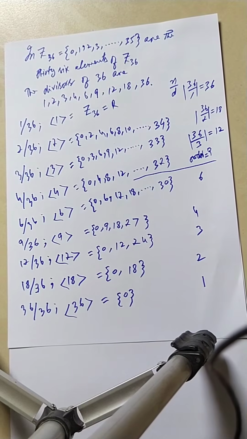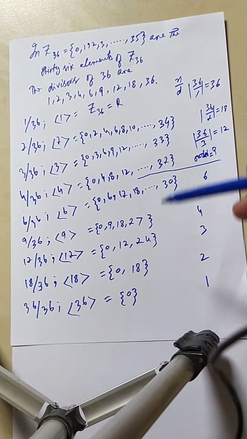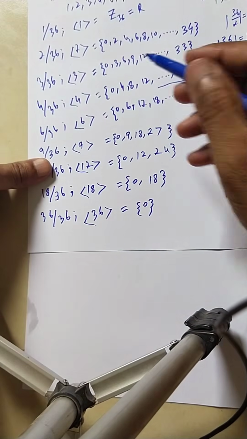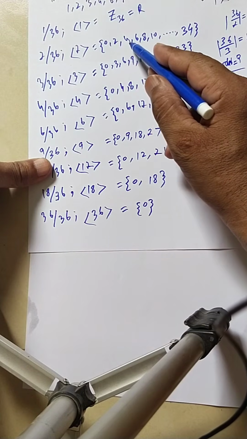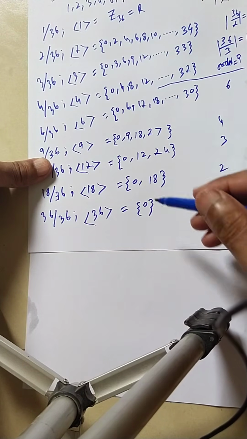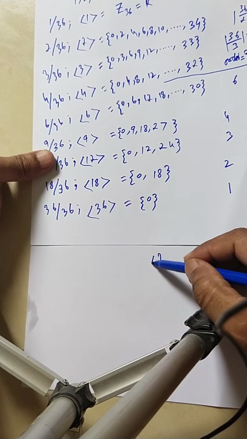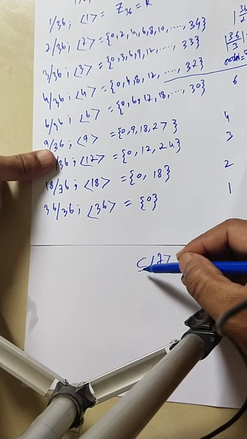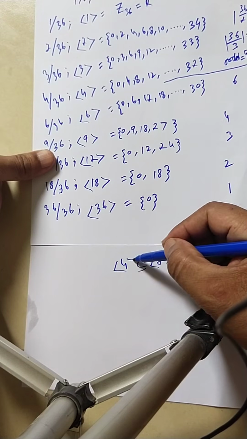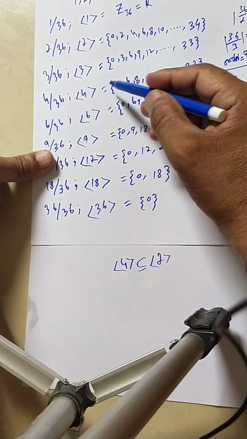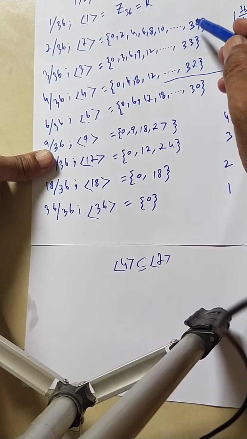Now please take a screenshot of this page. The ideal generated by 2 is 0, 2, 4, 6 and so on. From this, note that the ideal 2 contains the ideal generated by 4. Every element of this ideal is in ideal 2.